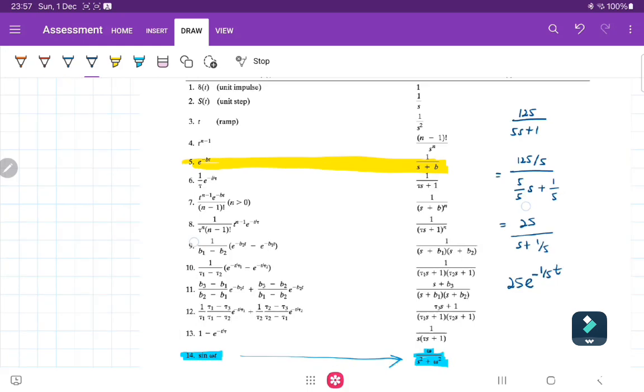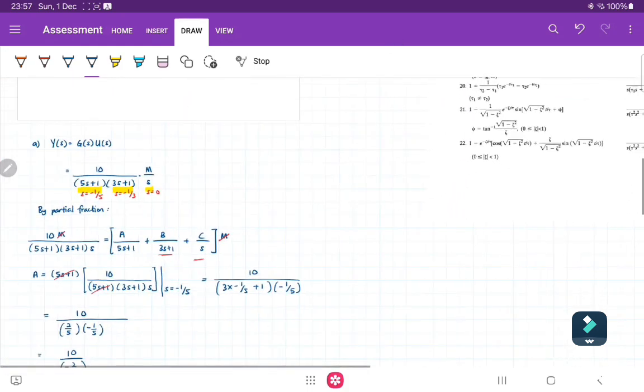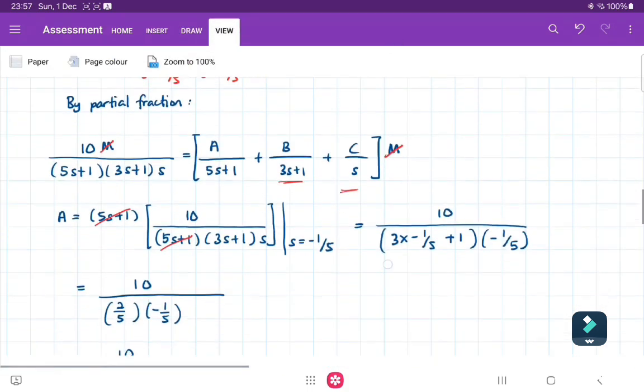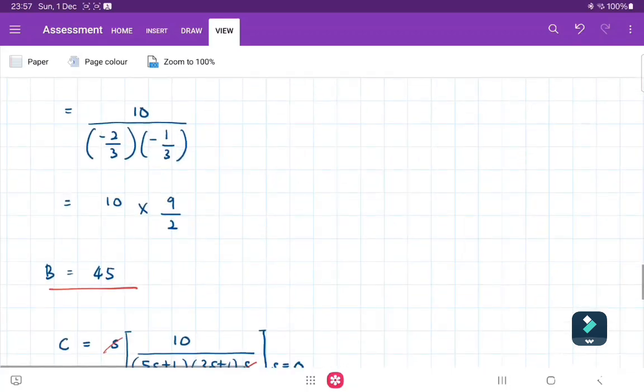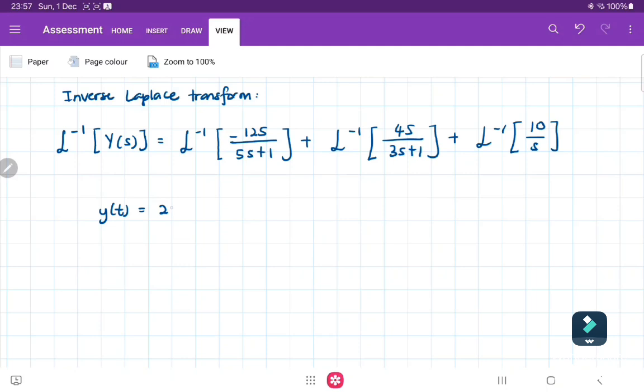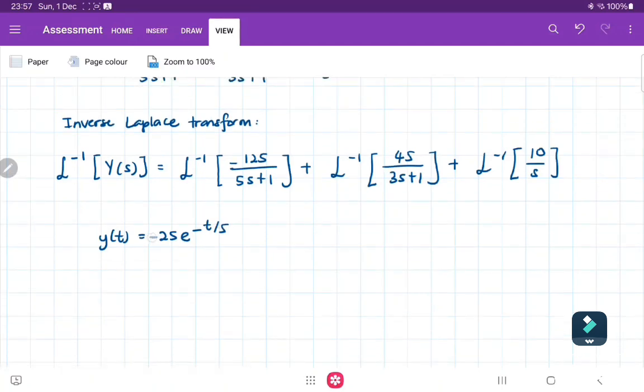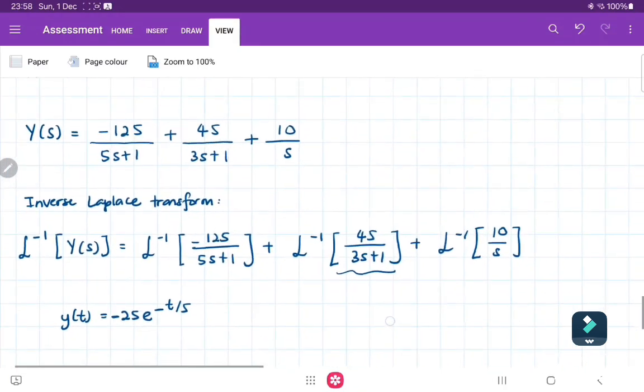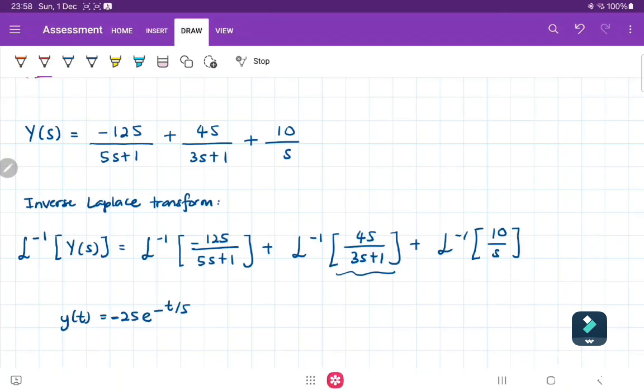Okay, so we are going to bring this down and put it in our Laplace transform. So what we have here is 25e minus t over 5. Okay, we have minus, yeah, minus, right? And then same thing for this part. Okay, what we do is we rearrange.